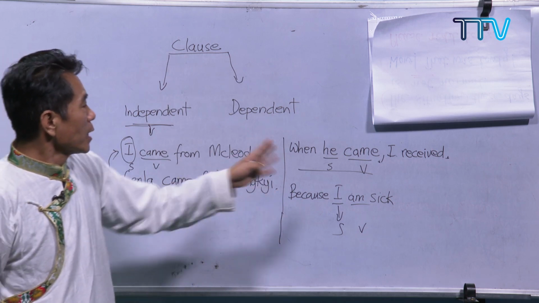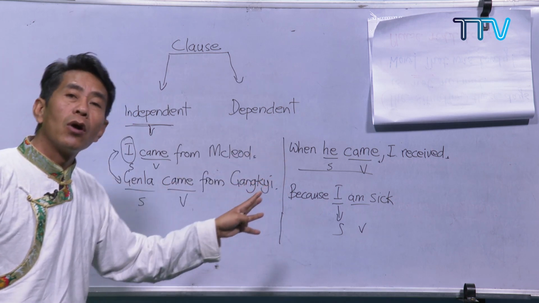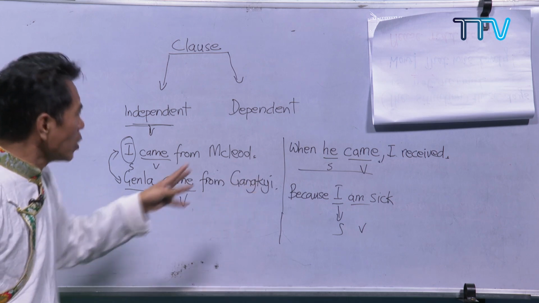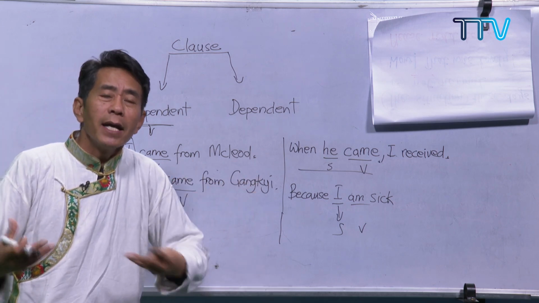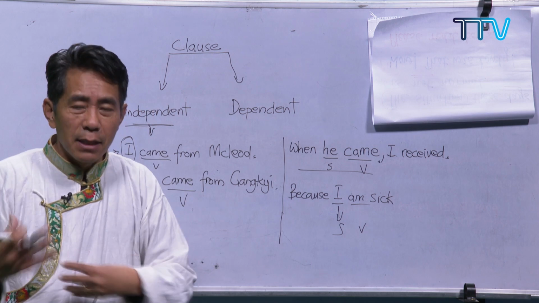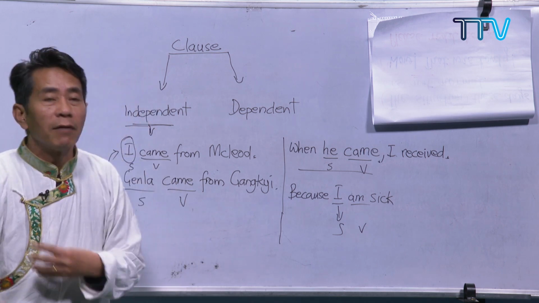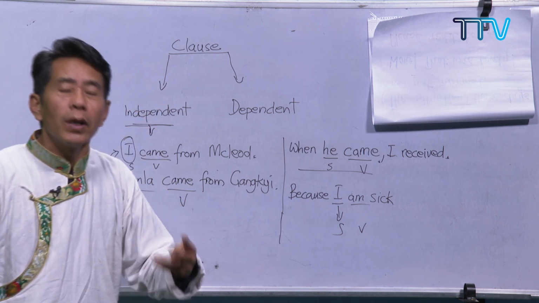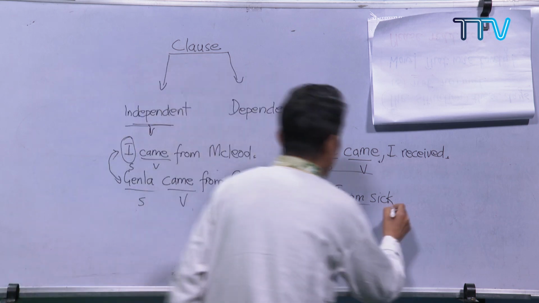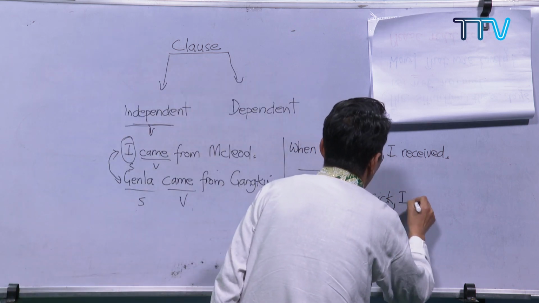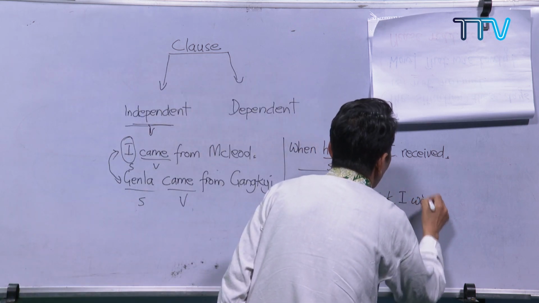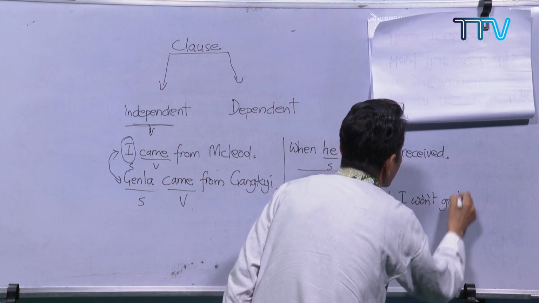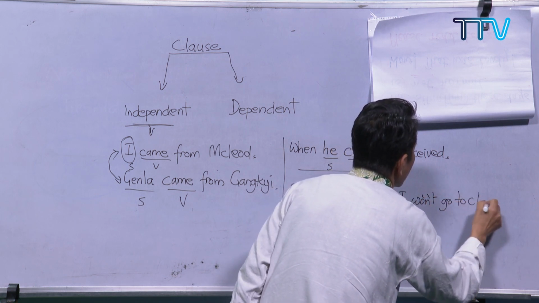Now, do you think this is an independent clause or a dependent clause? Because I am sick. Again, it is incomplete. Something should come after that. Because I am sick, then what happened? Because I am sick, I won't go to class.